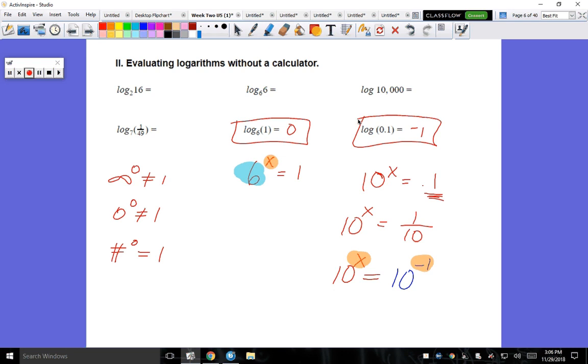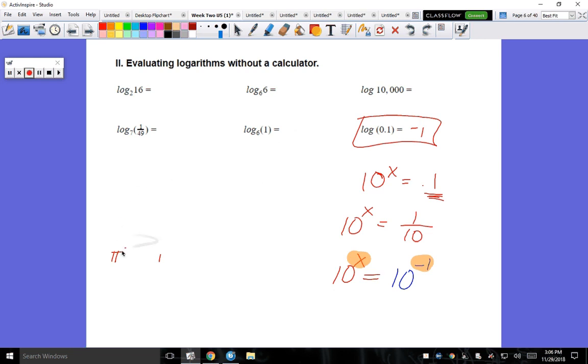Alright, let me show you something. Check this out. If I'm looking at log base 10 of 5, and I wanted you to tell me what this was, and I put it equal to x, you can do the reverse heart method, and some of you already see it.